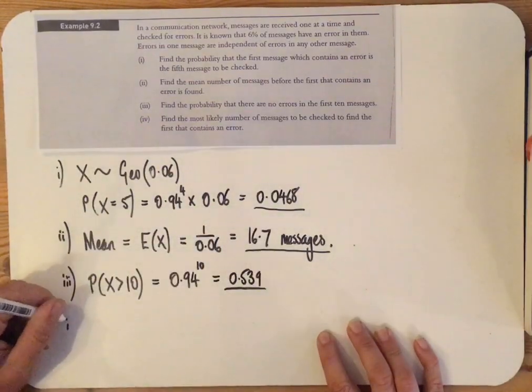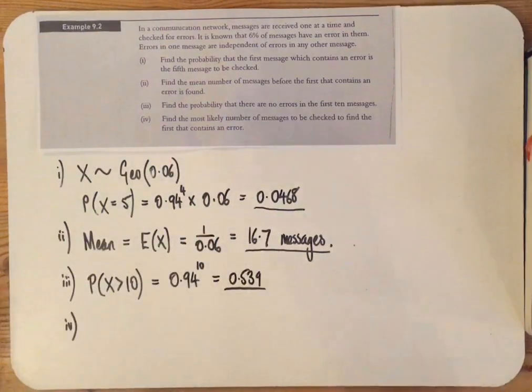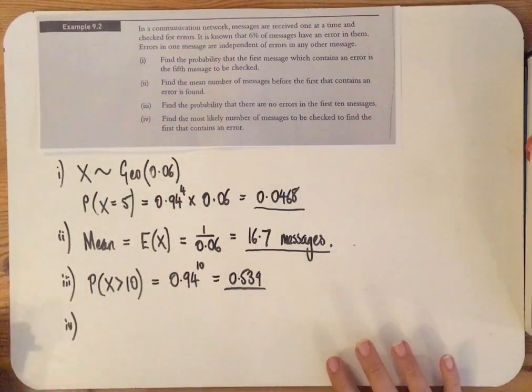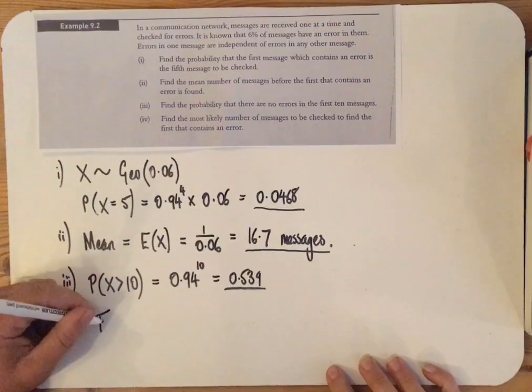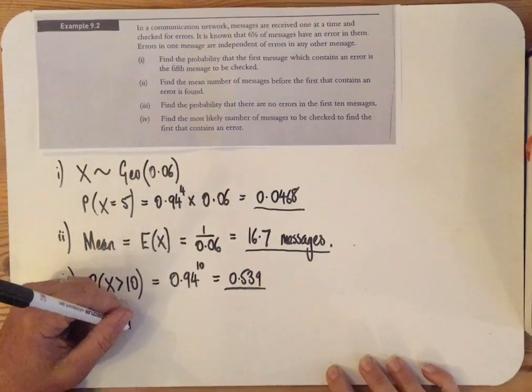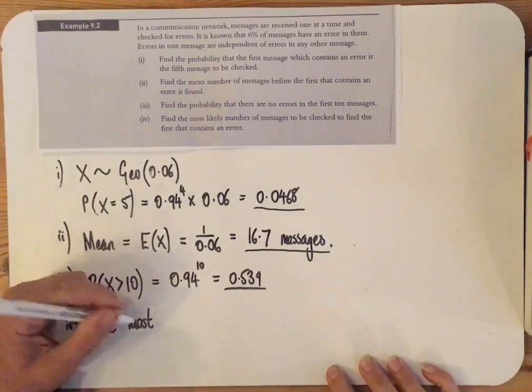And then part 4, the most likely number of messages to be checked to find the first that contains an error. This always feels slightly counterintuitive, but the most likely in any geometric distribution is always 1.